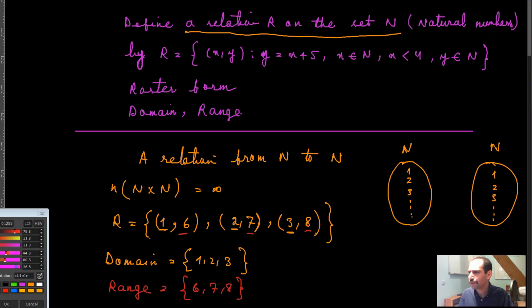Example number 10: let N be the set of natural numbers and the relation R defined on N such that R is equal to the ordered pairs (x, y) such that y is equal to 2x and x, y belong to the set of natural numbers.